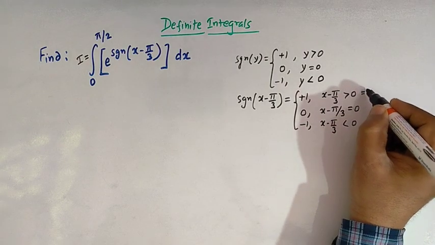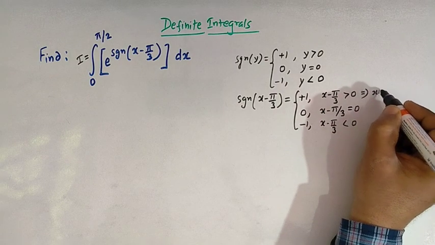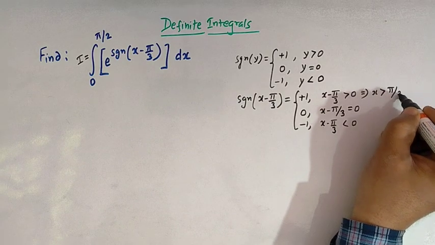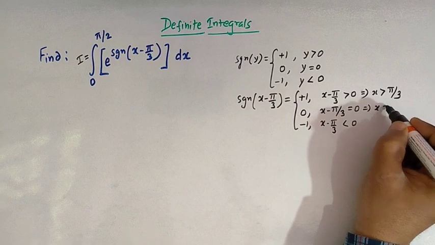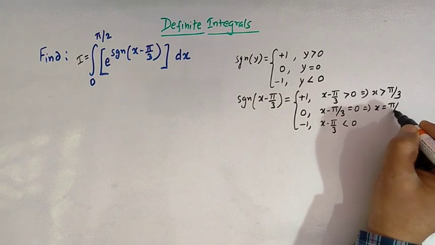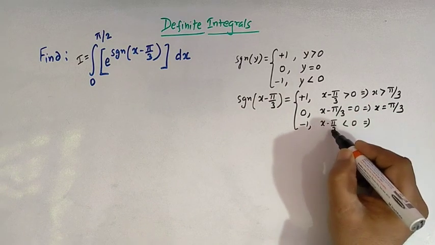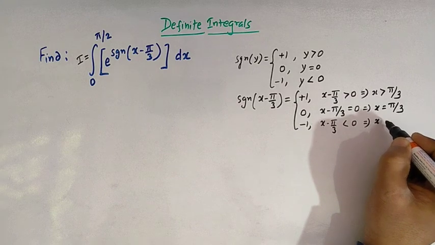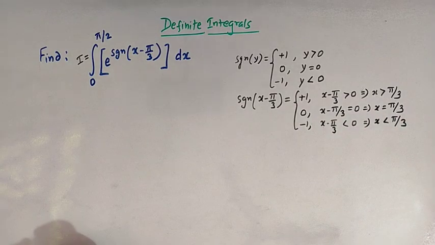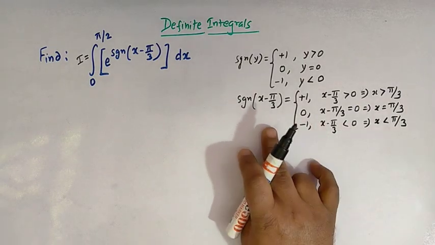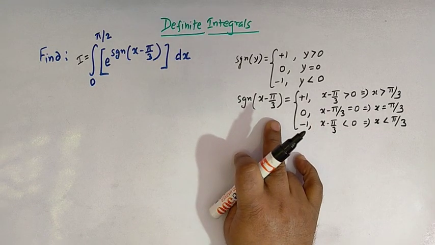Now if we solve this inequality, we get x greater than pi by 3, this equation gives x equal to pi by 3, and this inequality gives x less than pi by 3. Okay, so this is all about signum of x minus pi by 3.